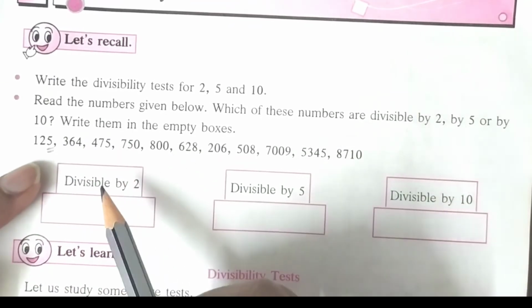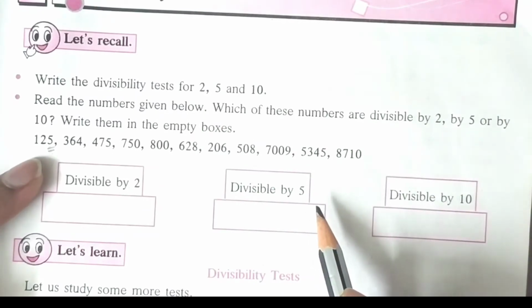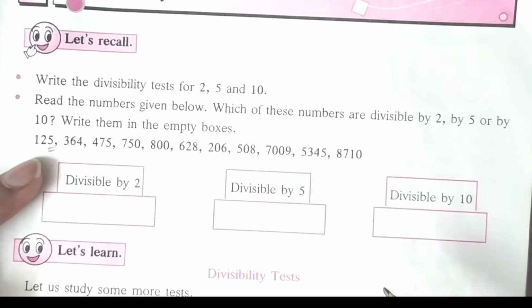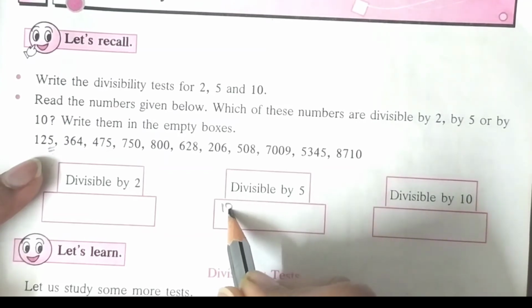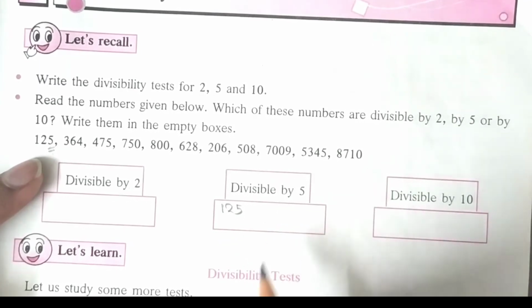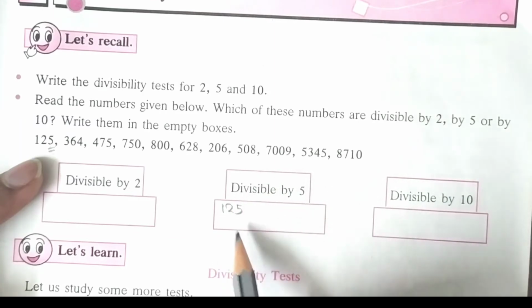Our divisibility test tells us that if there is 0 or 5 in the unit place of given number, then the number is exactly divisible by 5. And here we have to write 125 in the column of divisible by 5.